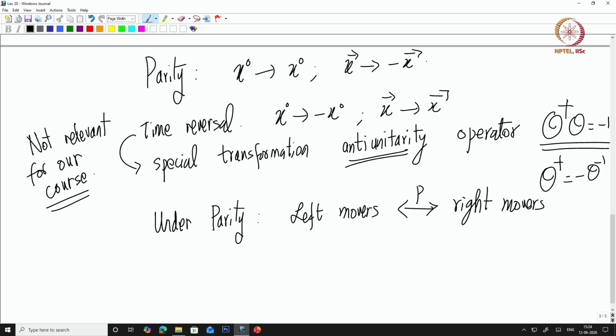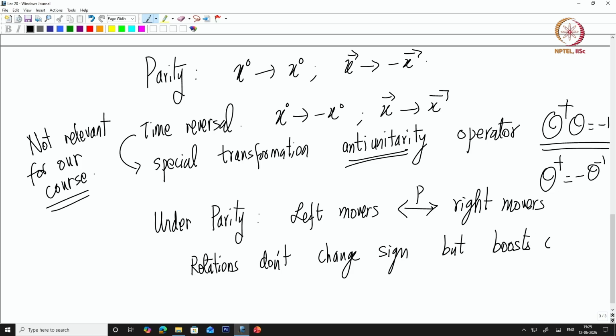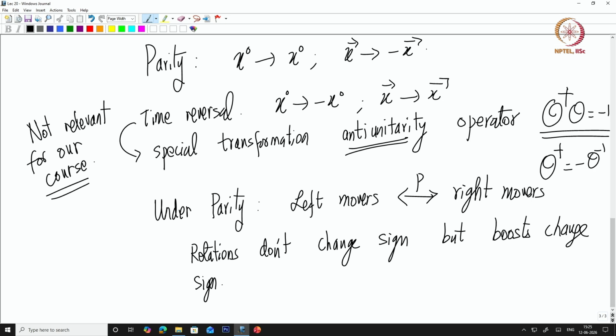Rotations do not change sign, but boosts change sign under P. So, rotations do not change sign.